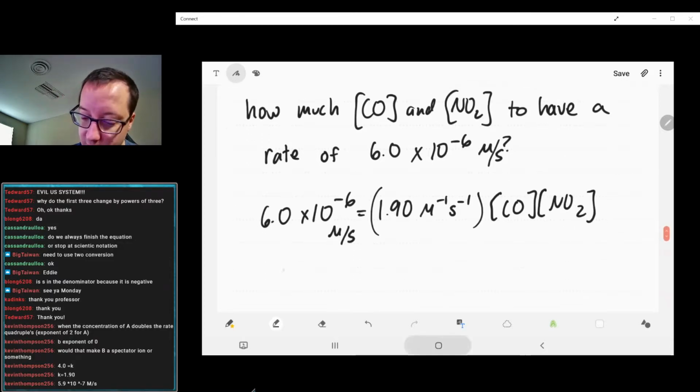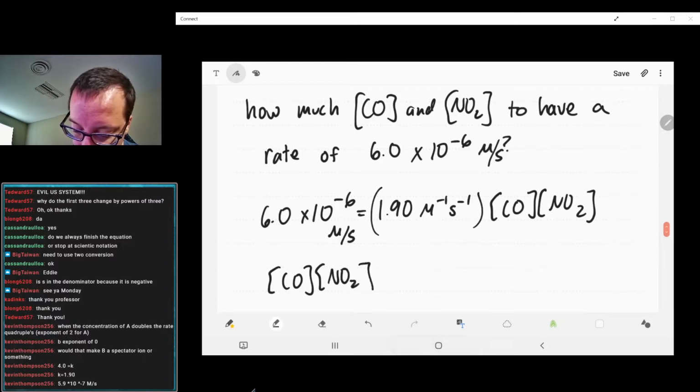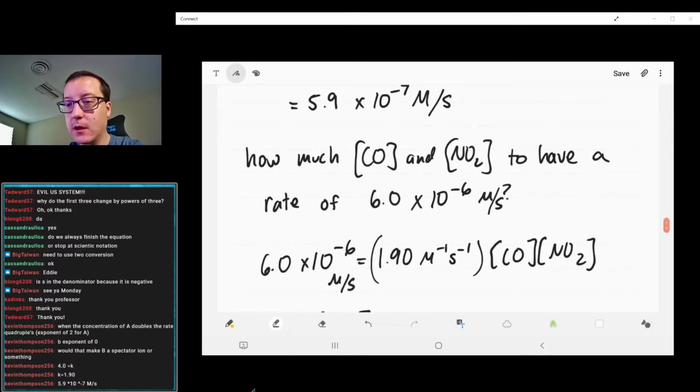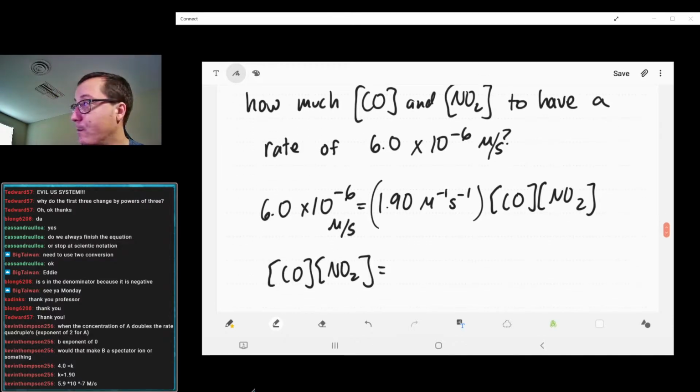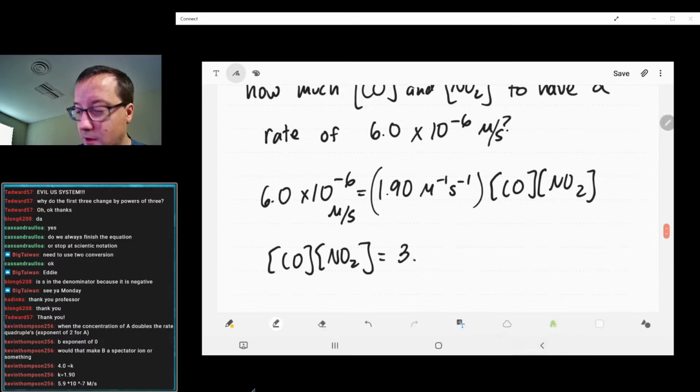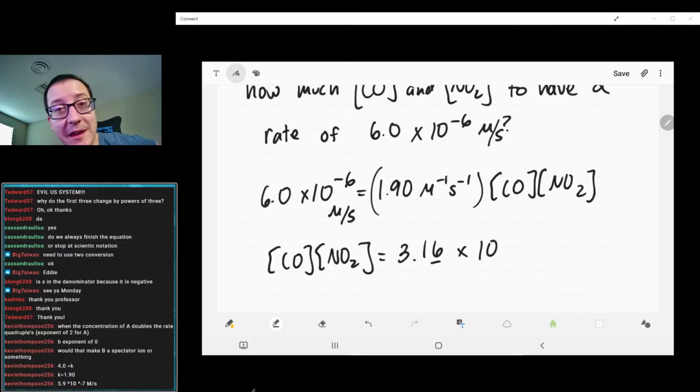So we know the product of those two would have to be, hopefully I can do this part, 6 E negative 6 divided by 1.9. We just need to figure out some components that we can use to have our two of them equal to this number.